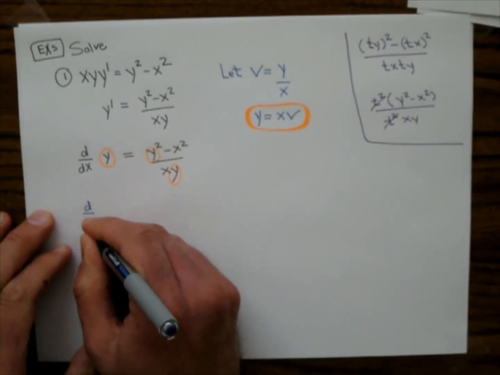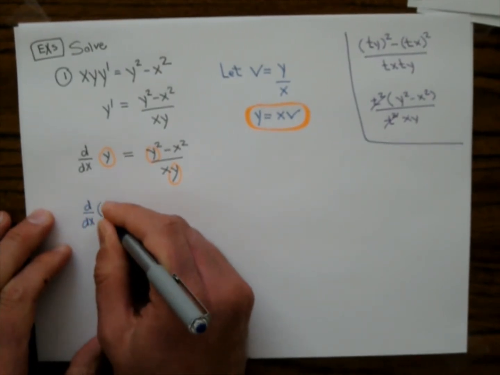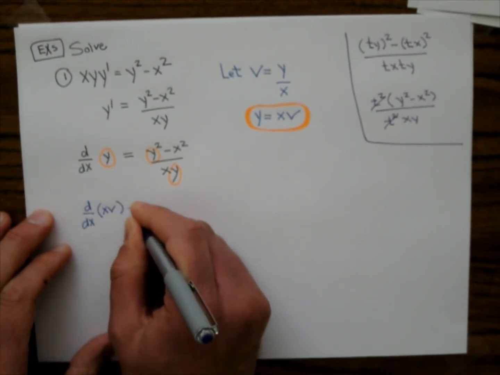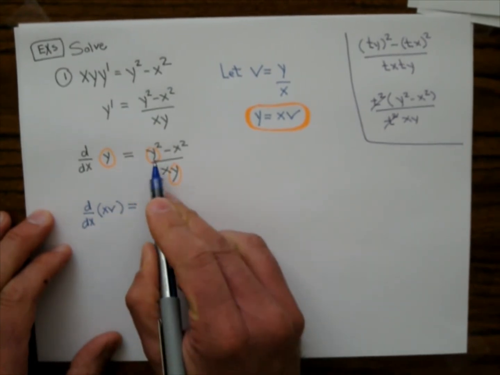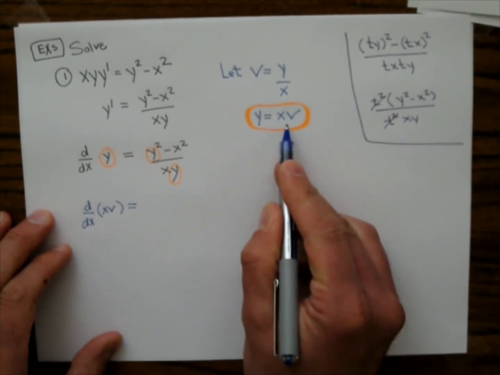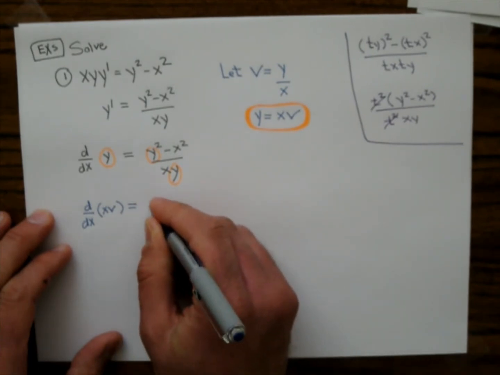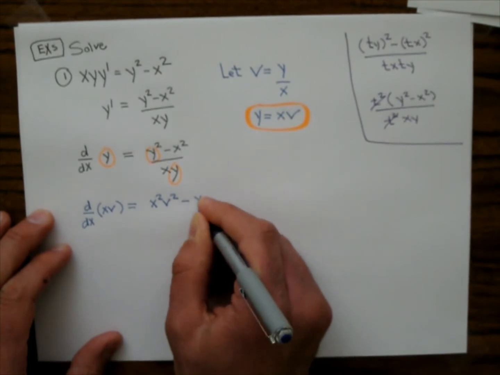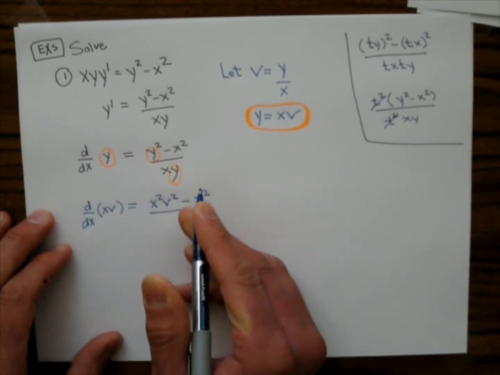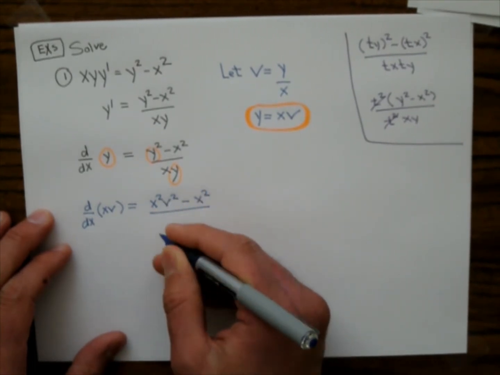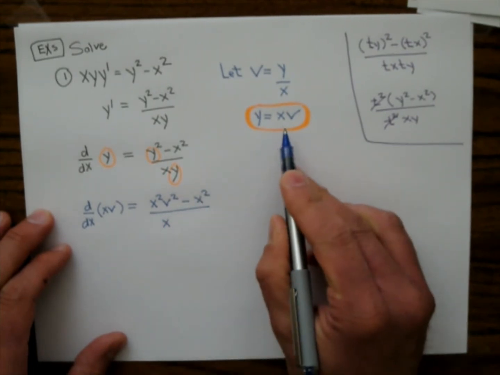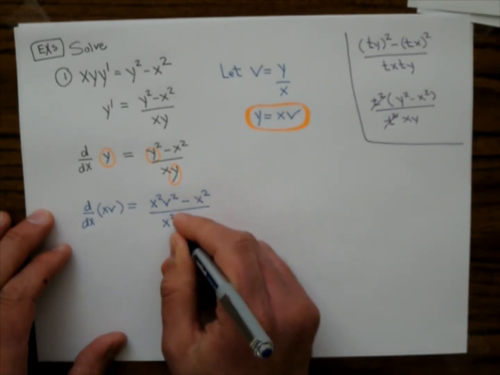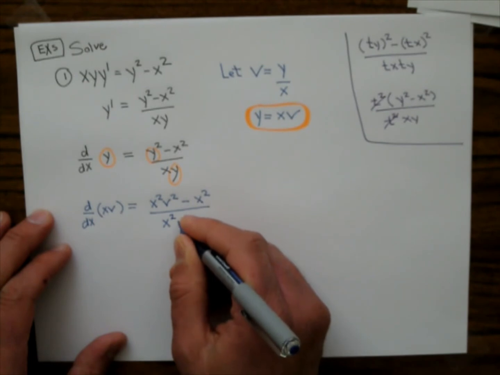So here it goes. D dx, and then we have xv. This equals y squared. So I'm going to go xv quantity squared, or I'm just going to go x squared v squared minus x squared. So that we just leave that one alone, and then this one's going to be x times xv. So this is x squared times v.